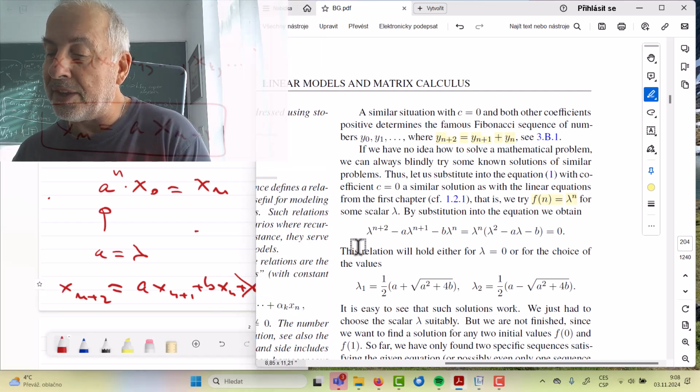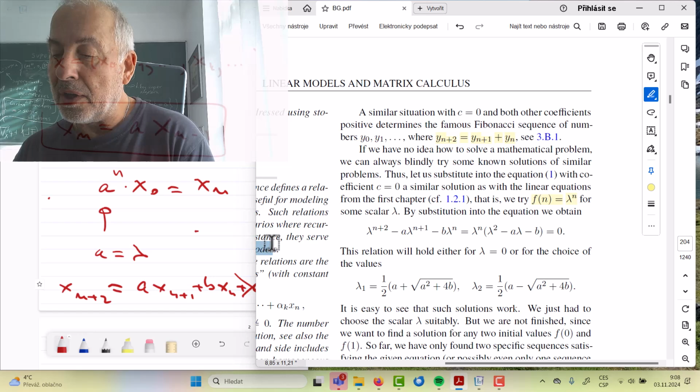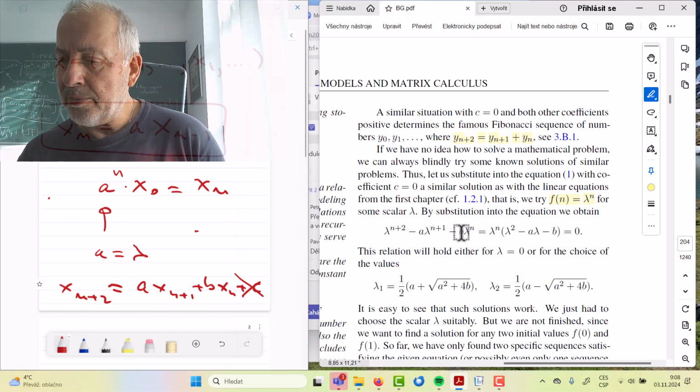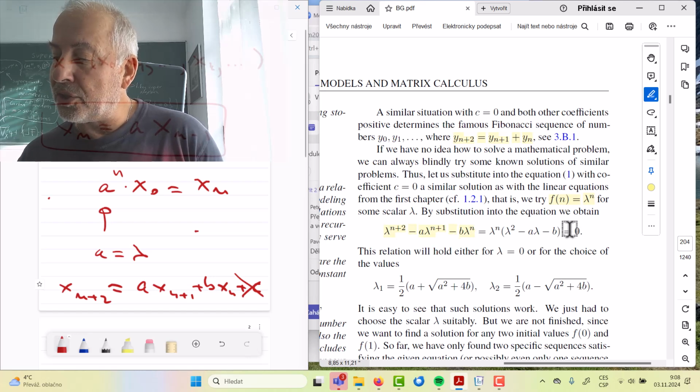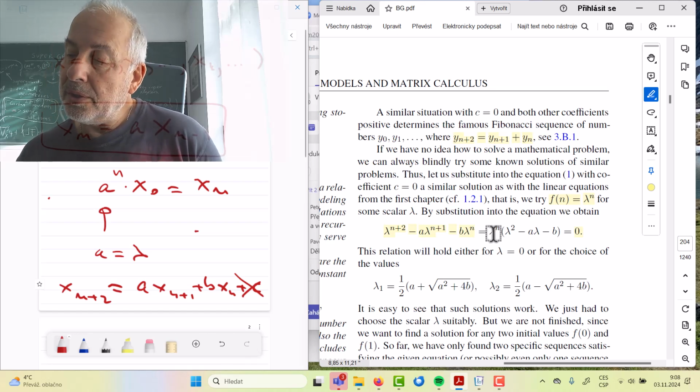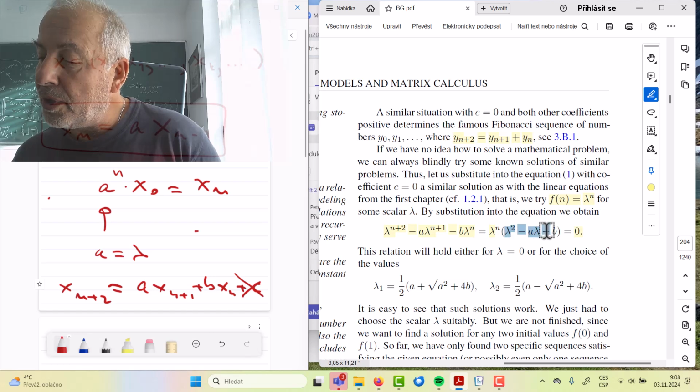So what we end with is a polynomial equation that this very polynomial has to equal to 0. And now we can just write lambda to n in front of the bracket, and you see that it will be exactly a second order polynomial.